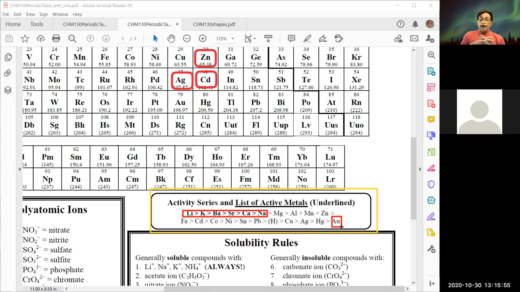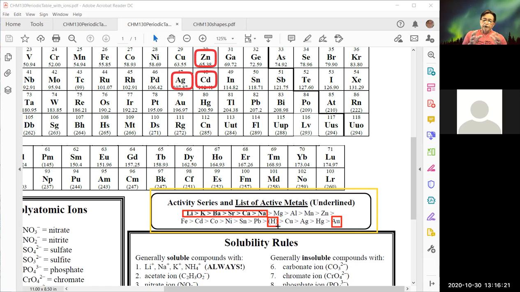You can get it to react. Don't get me wrong, it's not totally unreactive, but to get it to react, the conditions are very aggressive. Now, all this series is relative to hydrogen. You notice hydrogen sitting there. The activity of metals is relative to hydrogen.